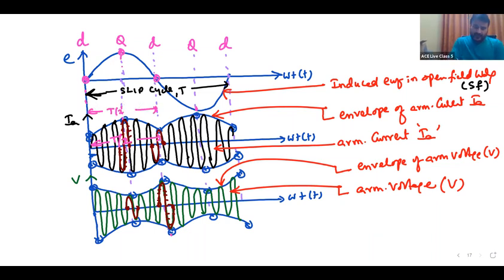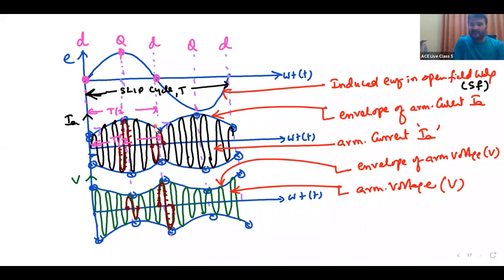So if the induced EMF frequency is slip frequency, what is the envelope frequency? The envelope goes minimum, maximum, minimum, and the waveform repeats from here onwards, and again here. So its time period is T by 2.